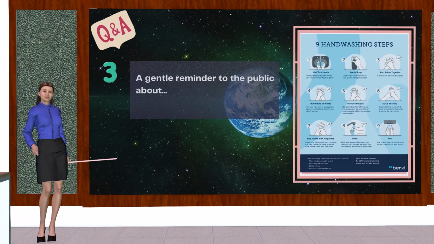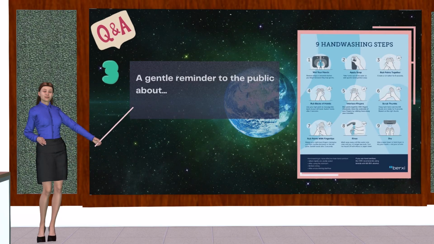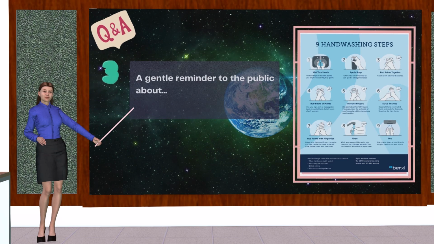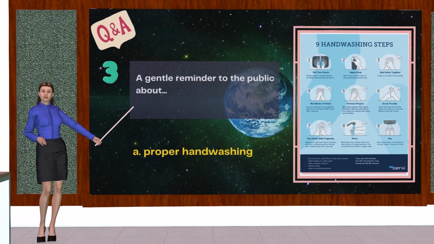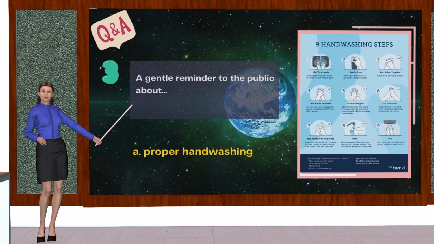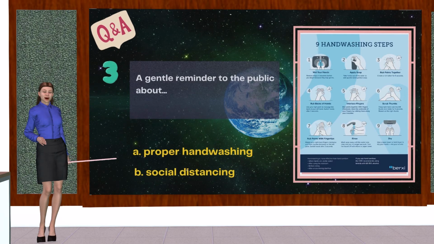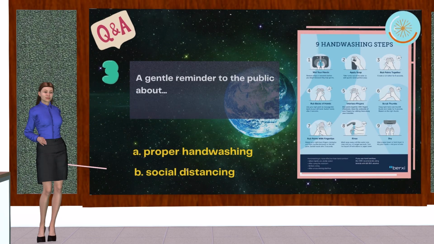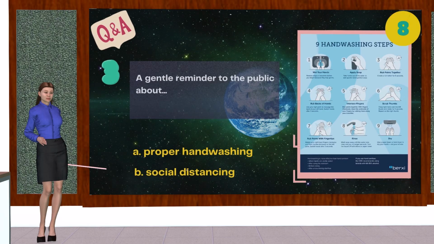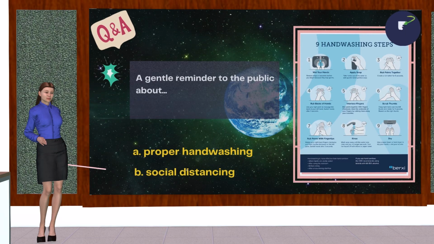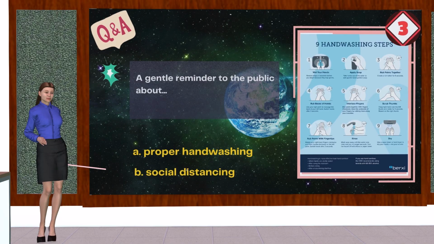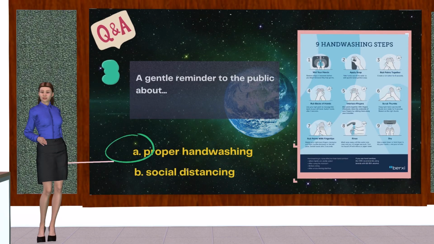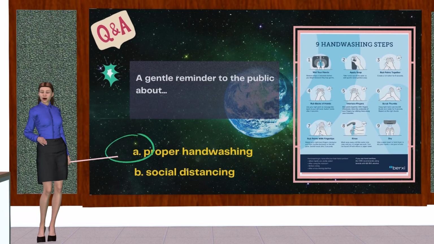Now let us try to answer question number 3. A gentle reminder to the public about A. Proper hand washing, or letter B. Social distancing. The correct answer for number 3 is A. Proper hand washing.